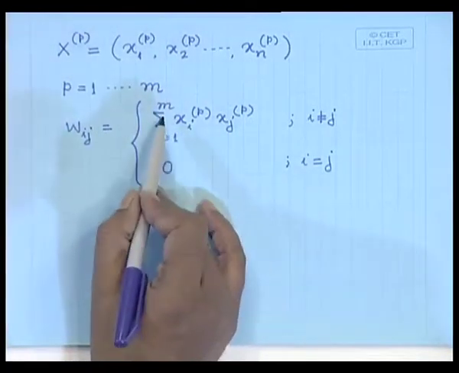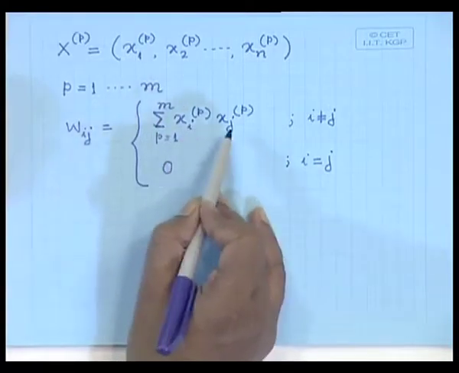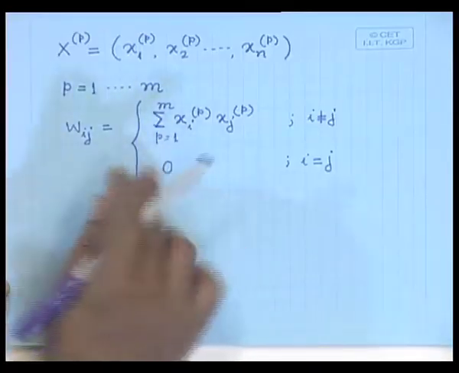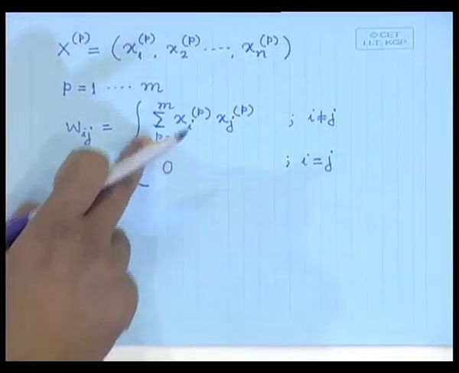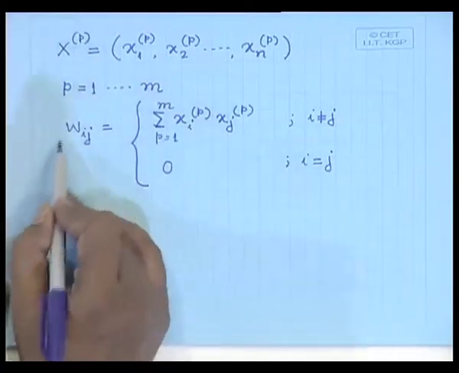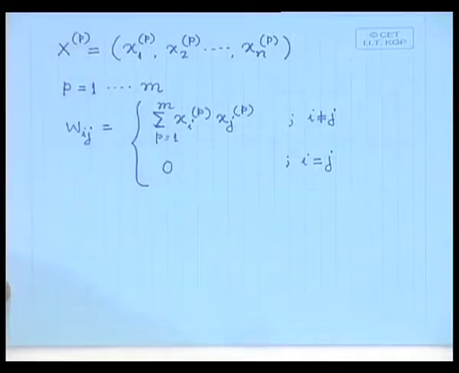So, overall this summation of xip into xjp tells you the number of times the bits are the same minus the number of times the bits are different. That is computed over all the training patterns, from p equal to 1 to m, and that is stored as Wij, the connection weight between the ith node and the jth node.